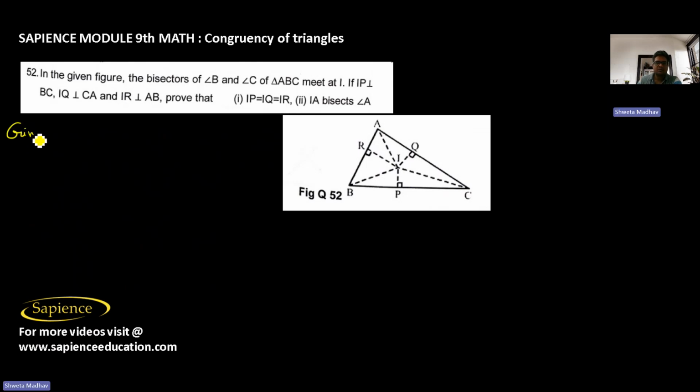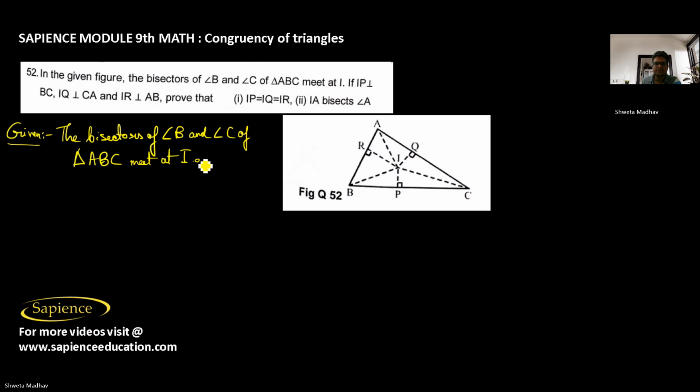Here it is given that the bisectors of angle B and angle C of triangle ABC meet at I, and IP is perpendicular to BC, IQ perpendicular to CA, and IR perpendicular to AB.